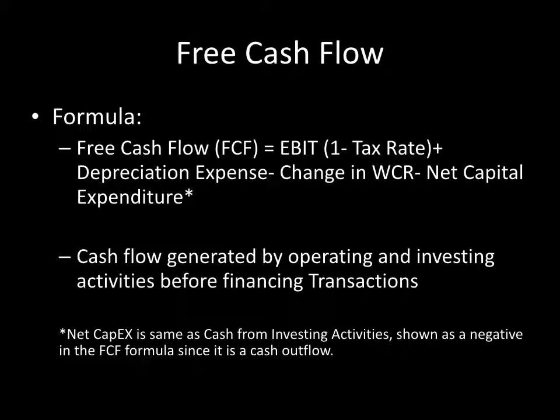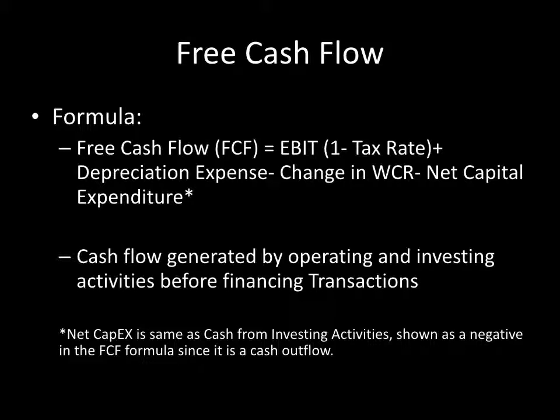You have a percentage, you take 1 minus that tax rate and multiply that by the EBIT number, your operating profits for the particular year or quarter, and you get an after-tax EBIT number, an earnings number after taxes but before interest. Add back any depreciation expense, subtract any change in working capital, again the current assets, current liabilities, and then subtract out any net capital expenditures, which again are fixed assets, acquisitions, things like that.